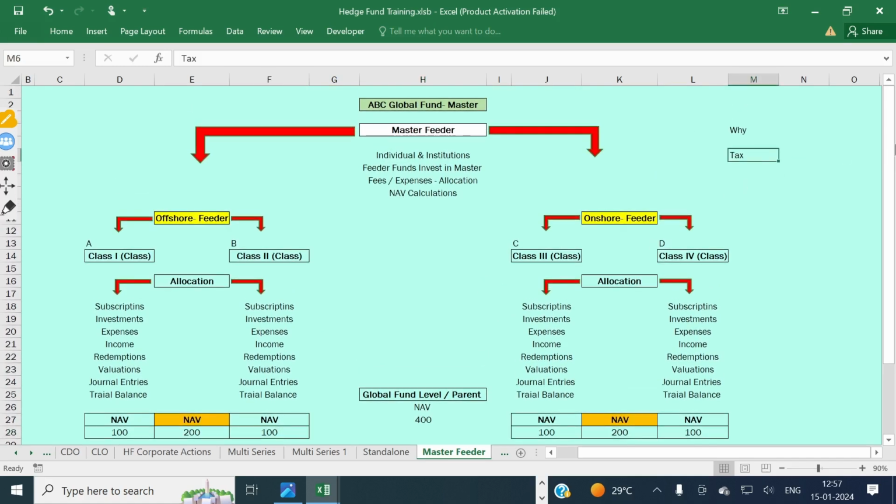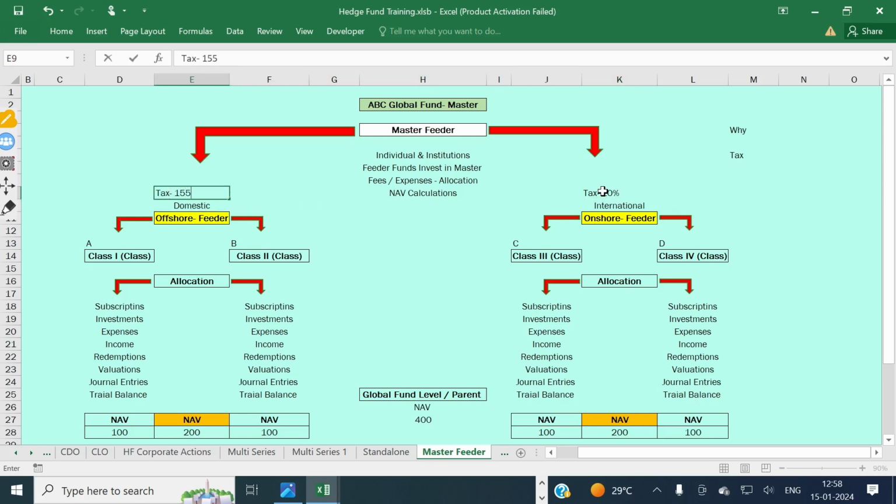The one aspect is, as I said, if you have domestic and international investors, then you can create a separate class for domestic and a separate class for international. Why? Because of tax. Maybe here you would see tax of 10%, and here maybe 15%.